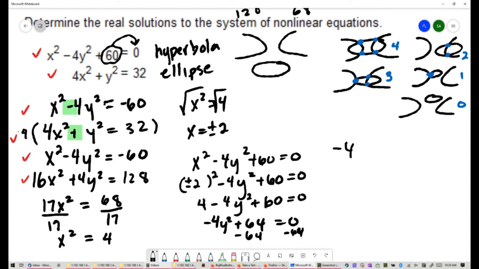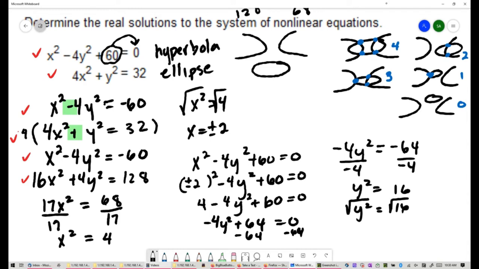Negative 4y squared equals negative 64. I'll divide by negative 4. That's y squared equals positive 16. Square root both sides, and that'll give y equals plus and minus 4.